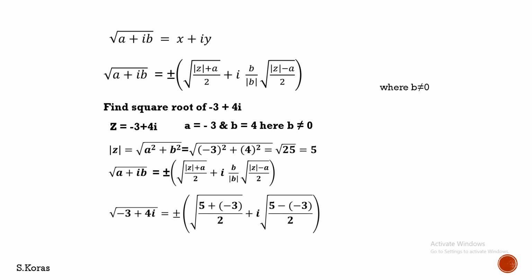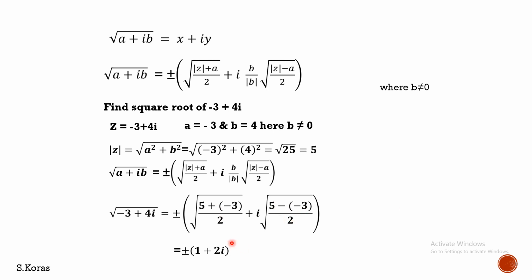If we substitute it, for modulus of z, 5, and for a, minus 3, that is 5 plus 3 is 8 here, and 5 minus 3 is 2 here. So your answer will be, that is 2 by 2 is 1, 5 plus 3 is 8, 8 by 2 is 4.